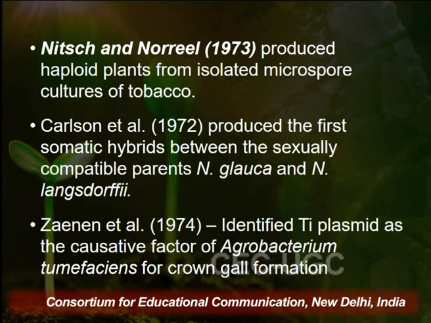In 1974, Zaenen identified the Ti plasmid as the causative factor of Agrobacterium tumefaciens for crown gall formation.